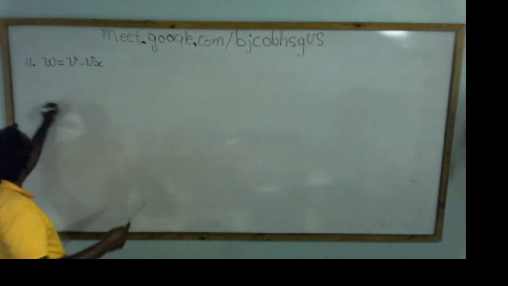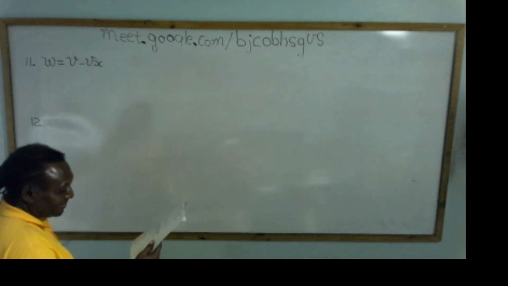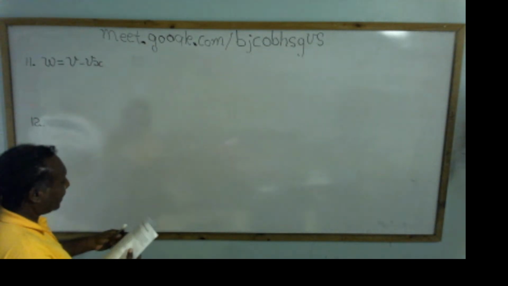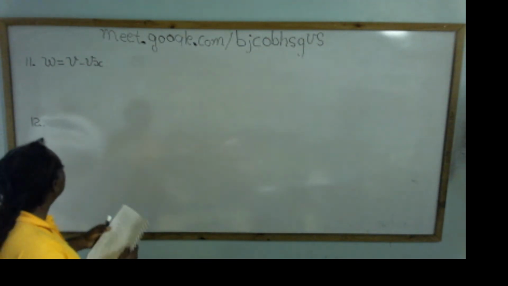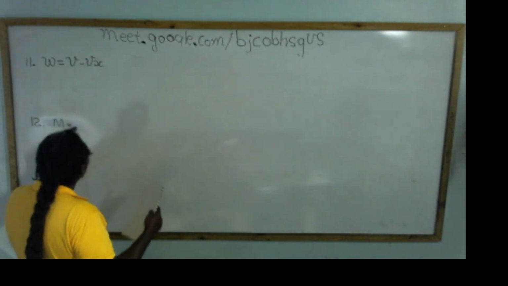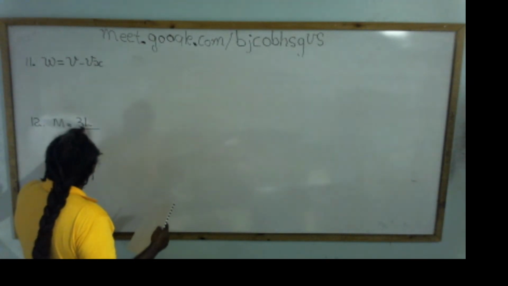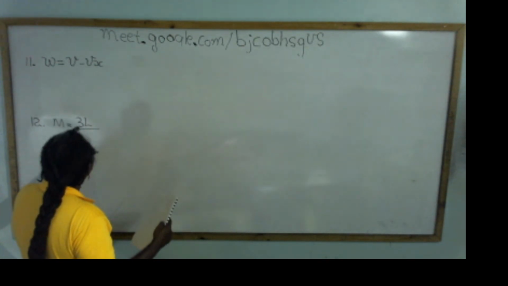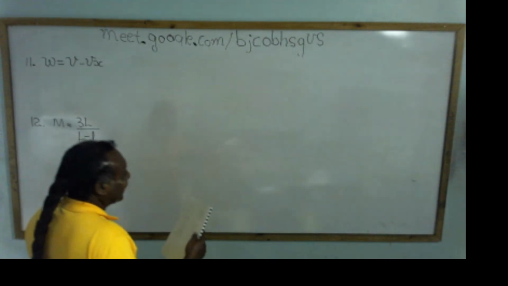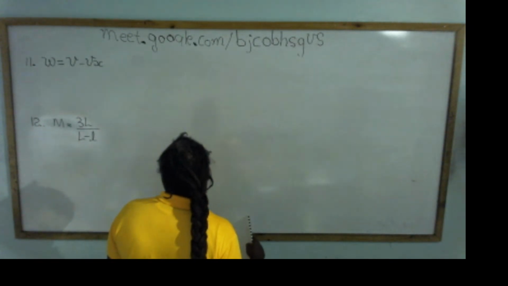Maybe I should put it just one character down. Number 12: M is equal to 3L over L minus common L. In that case, we are making common L, the smaller case L, the subject of the formula.